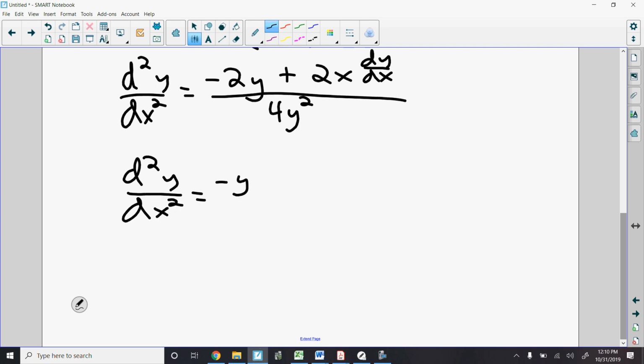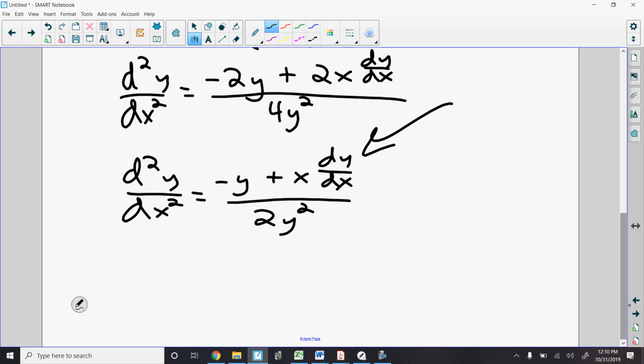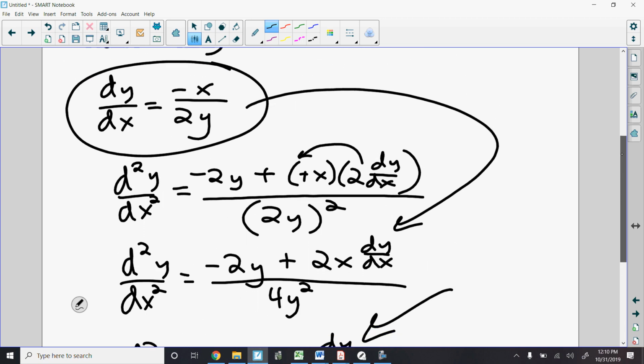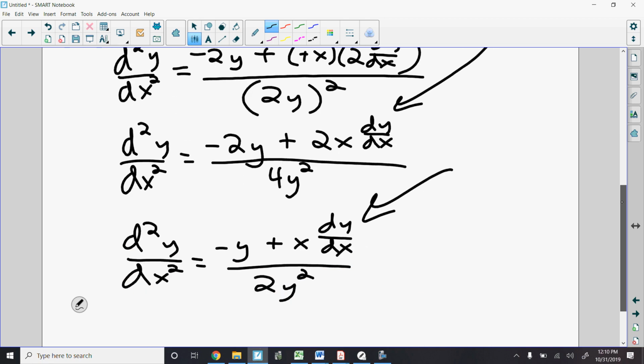So I'm going to call it negative y plus x dy/dx over 2y squared. Now I'm going to substitute in for this dy/dx. And again, I have it circled up here, so it's easy to find: negative x over 2y. That's going to be subbed in for dy/dx.